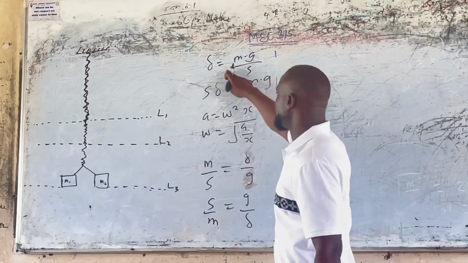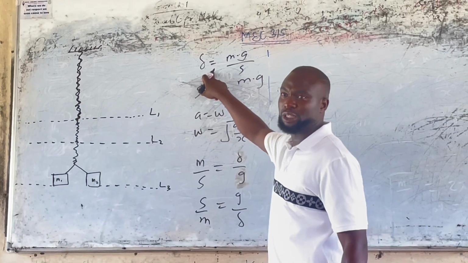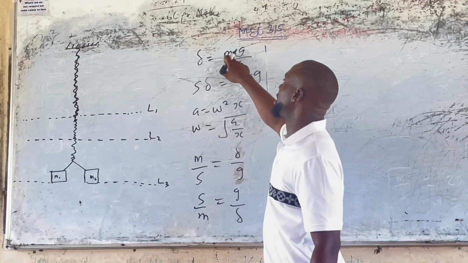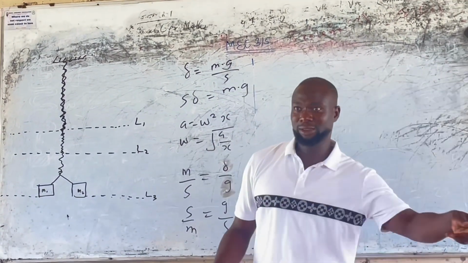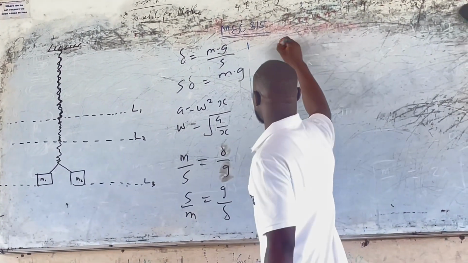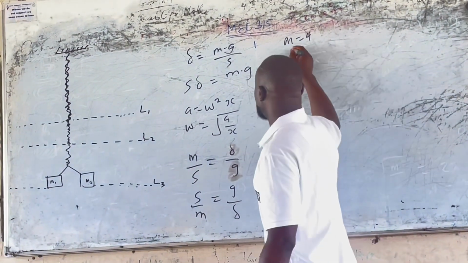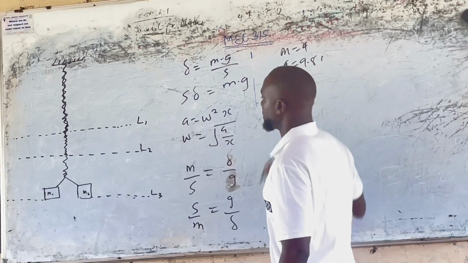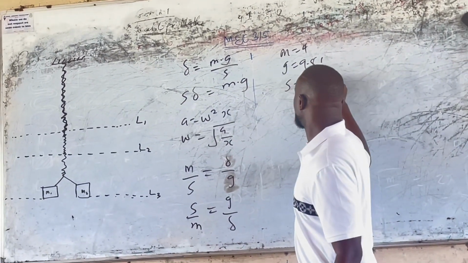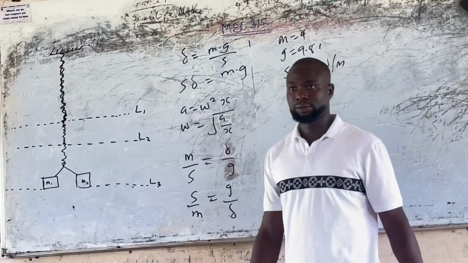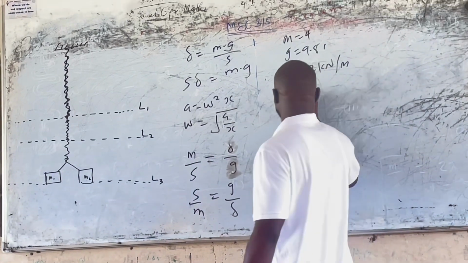So if the deflection is referred to as the amplitude that we are looking for, the maximum amplitude, and we are given the weight, which will now be 4 because we have removed 1. So our M now will be 4, right? Our G is 9.81. We are given stiffness X as 2 kilonewton per meter.